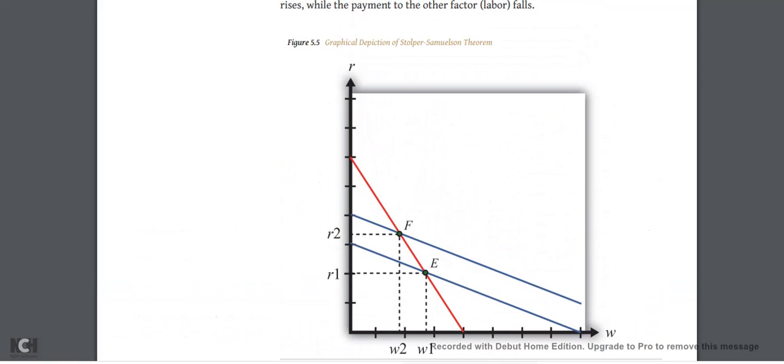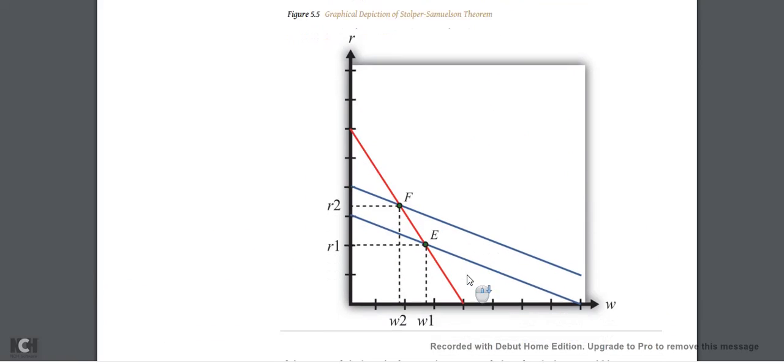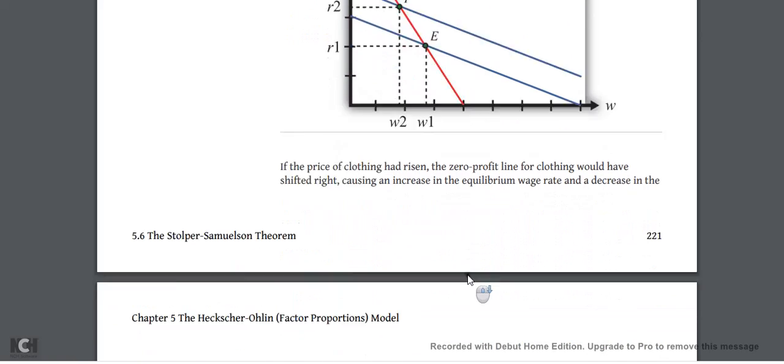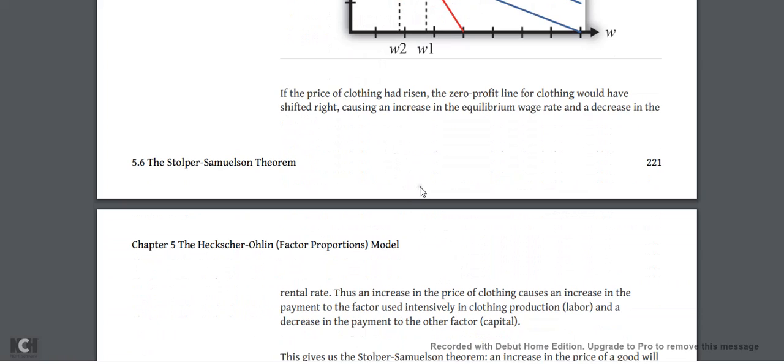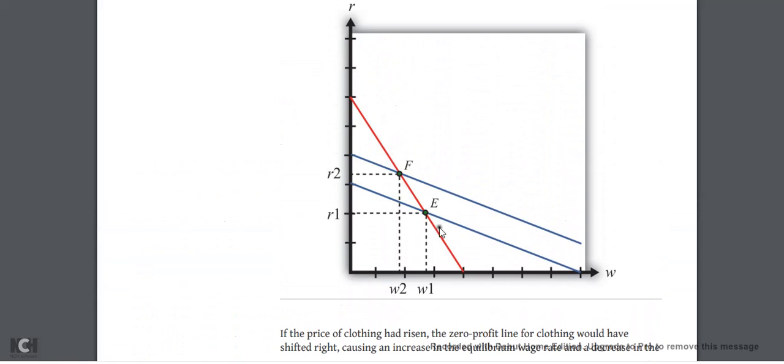When the line shifts rightward, the wages paid to the laborers will increase, and the capital used in production of cloth will decrease. That is, if the price of clothing has risen, the zero profit line for clothing shifts right.